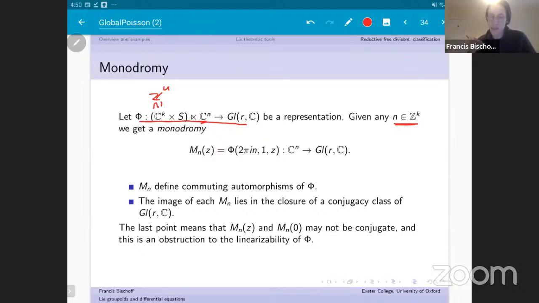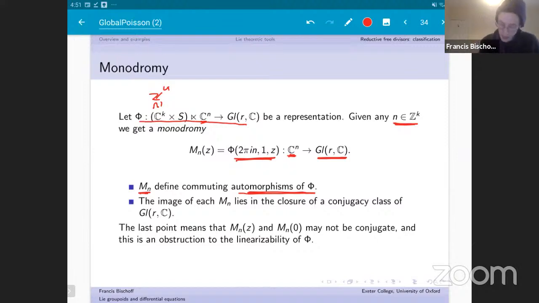They're completely contained in the isotropy. That means that associated to any one of these elements, we can define a monodromy, which is defined by this formula. It assigns to every point in the base an element of GL_r. And so each of these M_n defines an automorphism of the representation. And in fact, they all commute with each other.